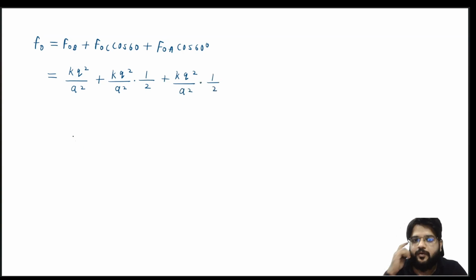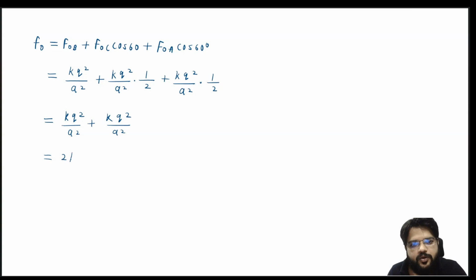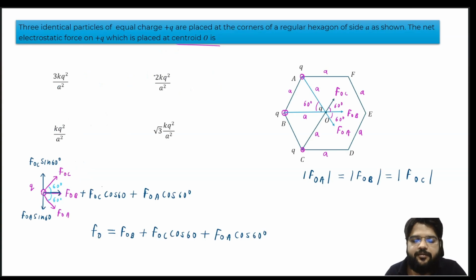All right. So the next thing: KQ square by A square plus KQ square by A square. Half and half is full, everyone. So finally we have 2KQ square by A square. This is the final answer. So finally, checking which option we have, we are getting option B. B is the correct answer, everyone: 2KQ square by A square.